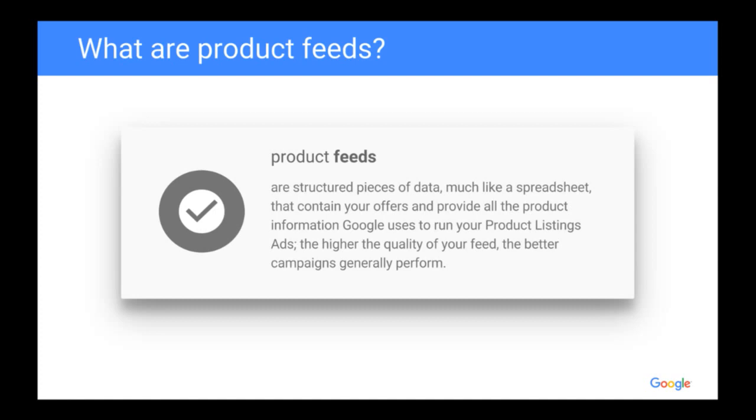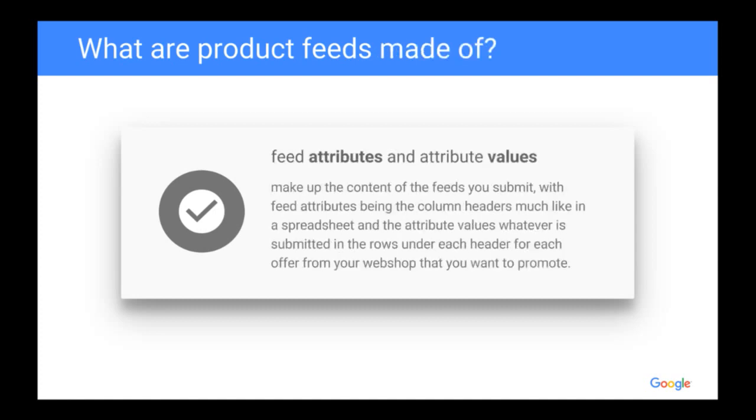The more data and the richer your product titles are, your descriptions are, the more information we can pick up and then trigger shopping ads that you're running. And inside of product feeds, you have what we call feed attributes and attribute values. So the easiest way to think of it is the feed attributes are all the different columns.